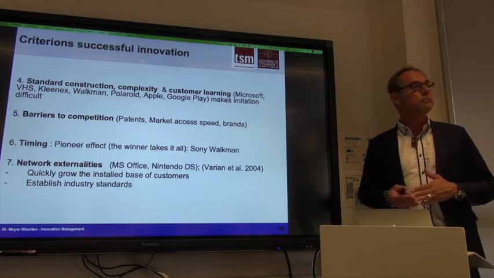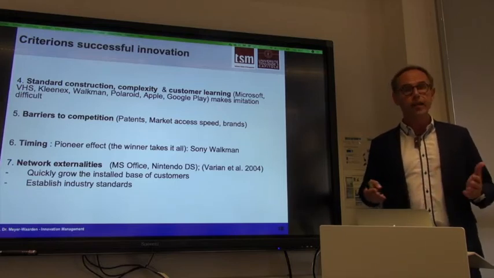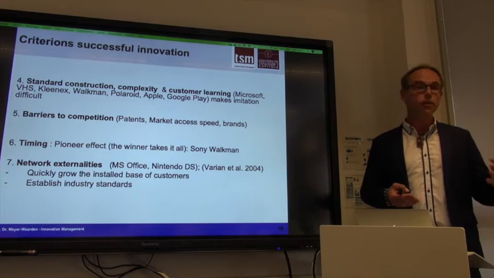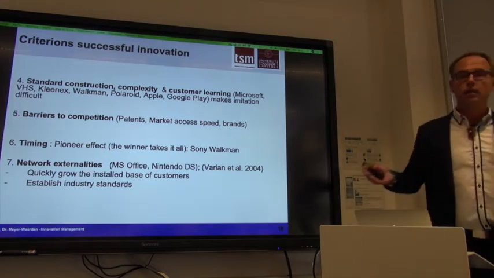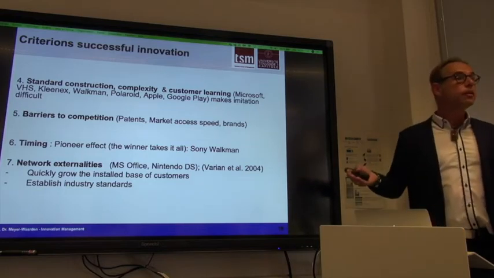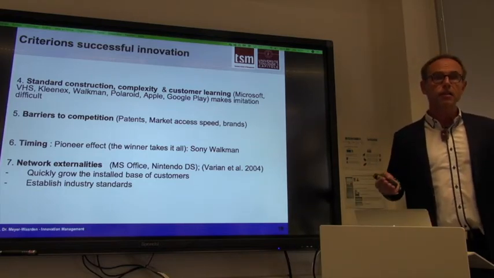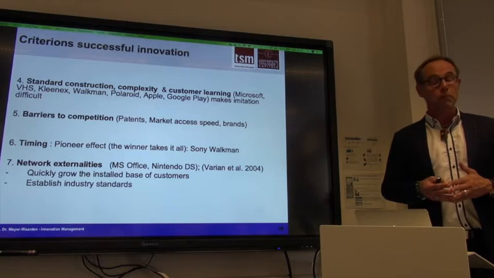The example of social media shows another example of network externalities. If we compare the social media platforms of Facebook and Google, Facebook has more than 2 billion users worldwide, whereas Google social media has a very low number of users.